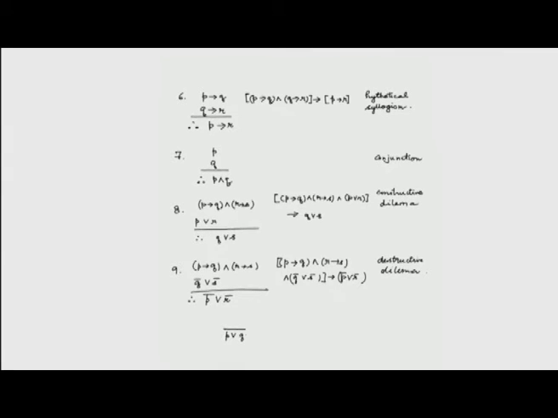One is the De Morgan's law, which states that given any two propositions P and Q, negation of P or Q is equivalent to negation of P and negation of Q, and negation of P and Q is equivalent to negation of P or negation of Q. These together are called De Morgan's laws.